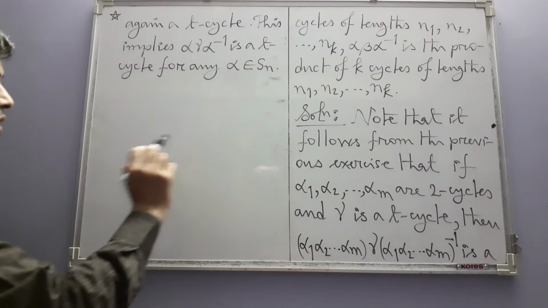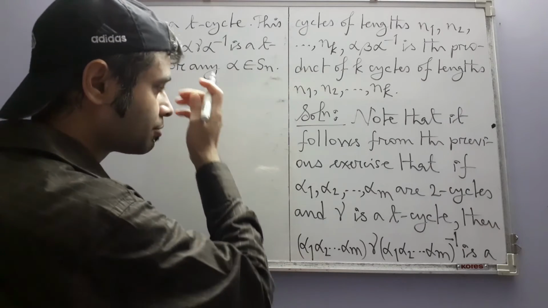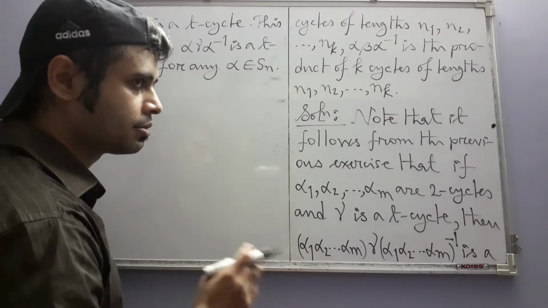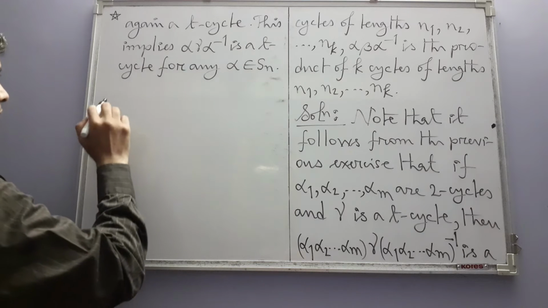But now our beta is not a single T cycle, it's in fact a product of K cycles, each one possibly having a different length. So we now proceed like this.